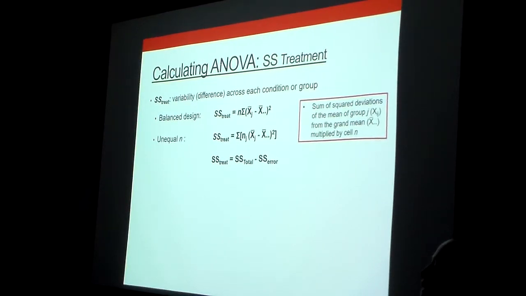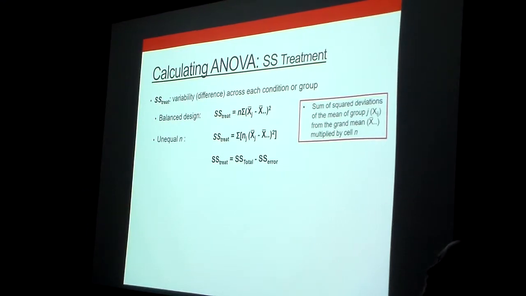As opposed to our sum of squares error, which is the deviation of each individual score from their respective group mean, our between group variance is calculated as the sum of the squared deviations of our group means from the grand mean.